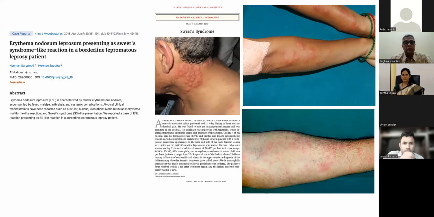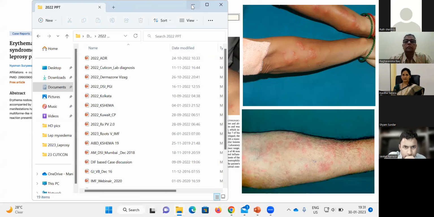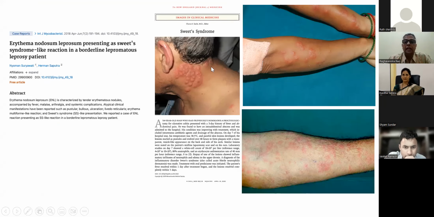So erythema nodosum leprosum can present as Sweet syndrome. You can see here a case of Sweet syndrome published in the New England Journal of Medicine, and this is how a classical Sweet syndrome presents, and this is the presentation in our patient.